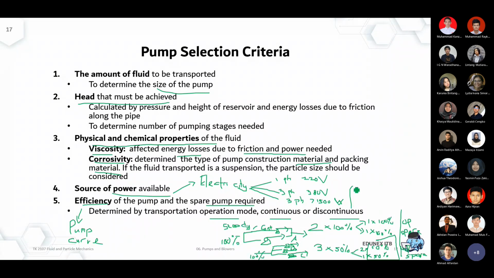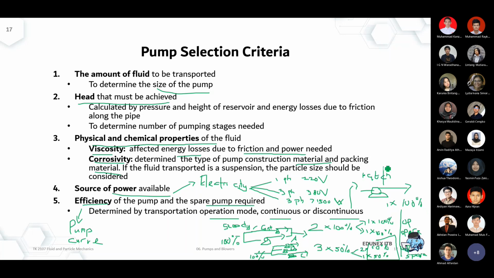But for discontinuous or batch pumps, maybe you don't really need this kind of extra equipment because that's extra cost. Most of the time it's acceptable to only have one pump without backup. So that can be called 1 times 100% without spare. Why?